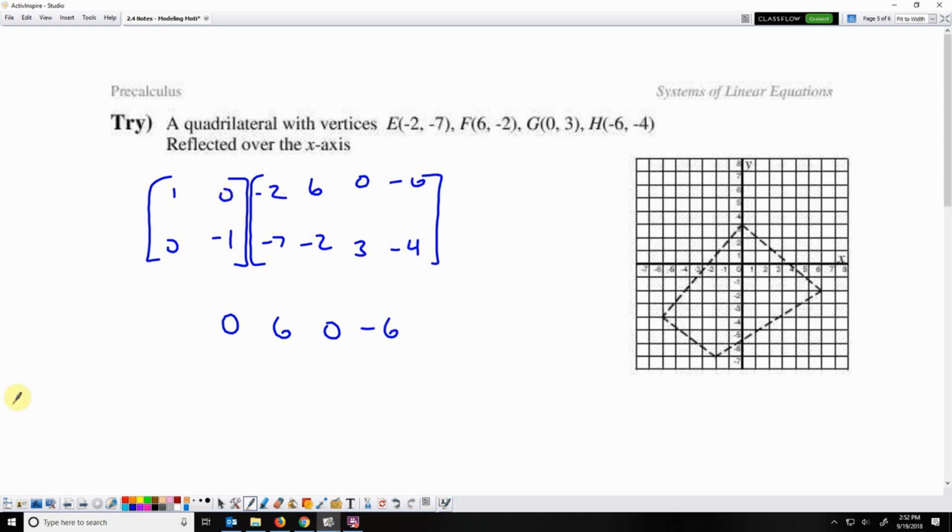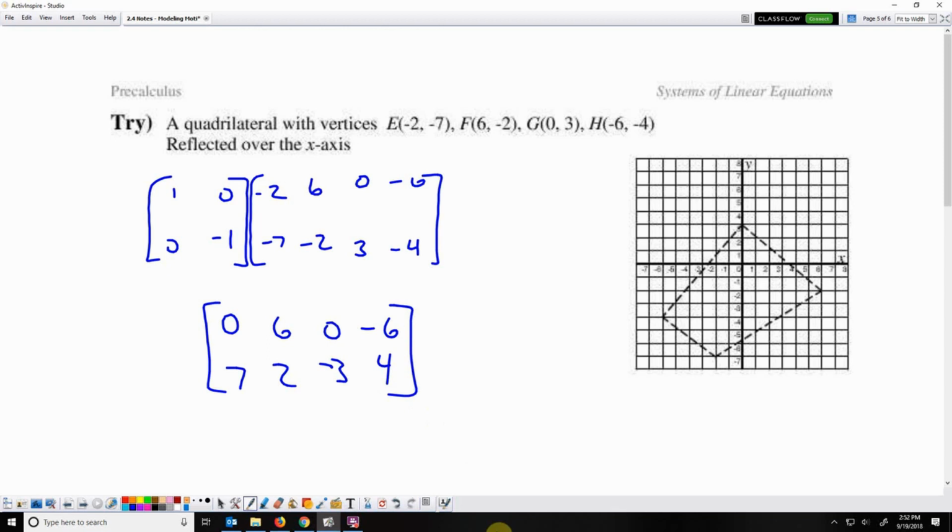Okay, so I've multiplied the first row by each column. Now the second row by each column. 0 plus 7. 0 plus 2. 0 minus 3. 0 plus 4.